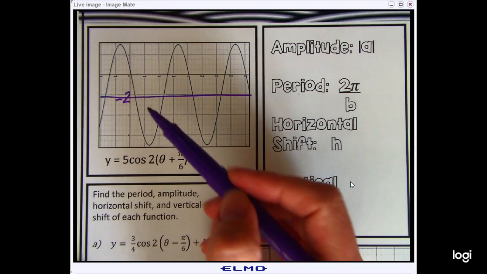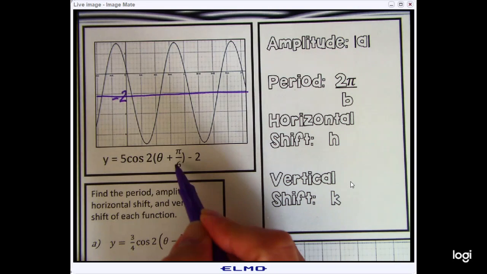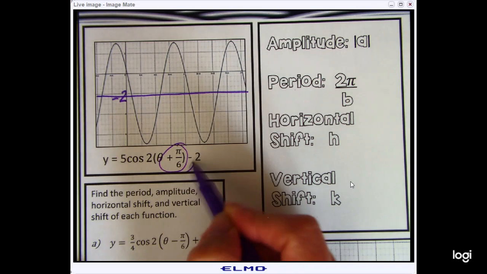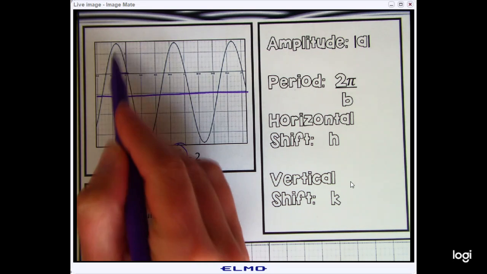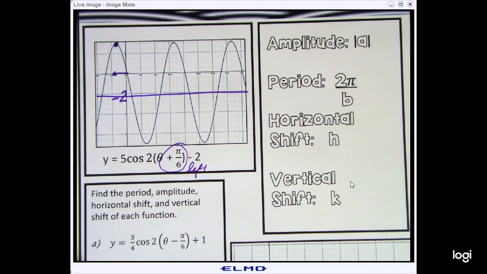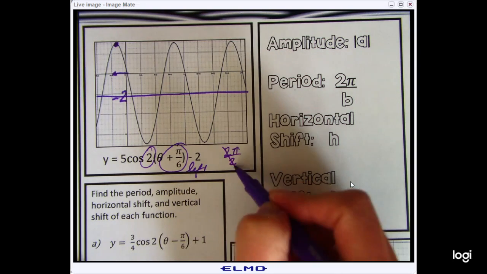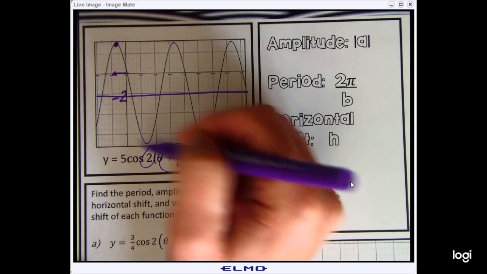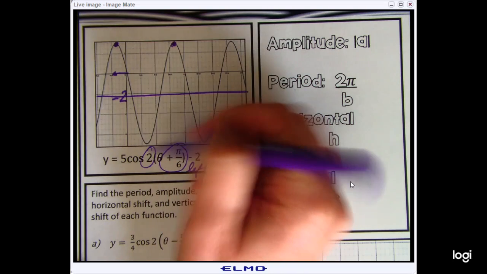And our amplitude is 5, up 5, down 5. It has been shifted to the left, pi 6, which, here we go. And our cosine wave is starting high. And our period is every 2 pi, every pi. So I should expect it to end. There's pi, and there's our shift backwards. One full cycle.